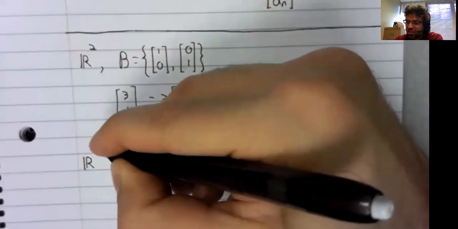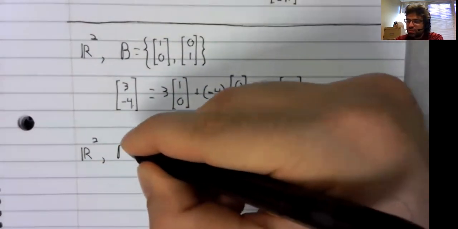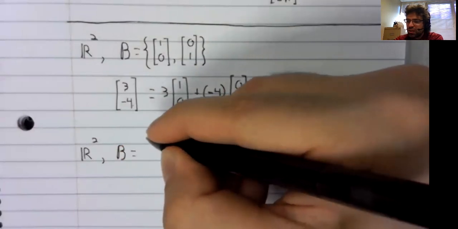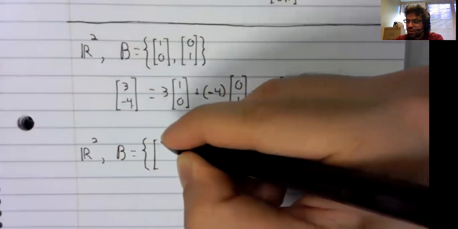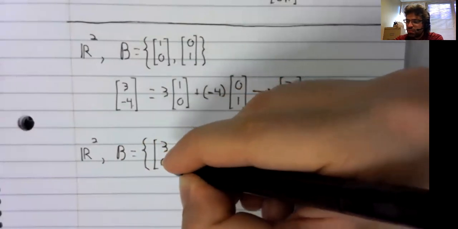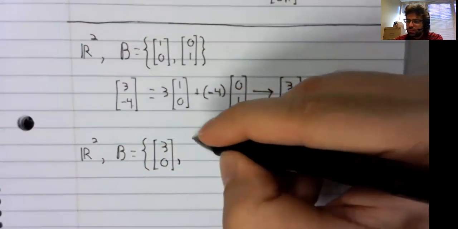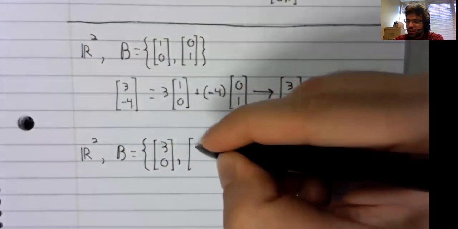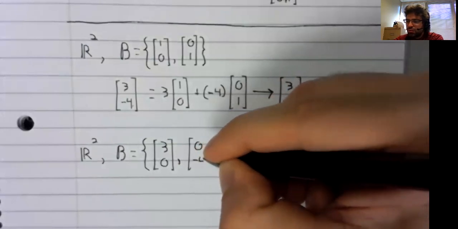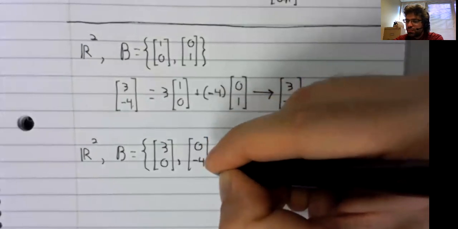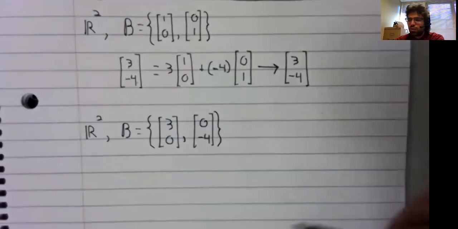But let's look at the same space with a different basis, the basis 3, 0, and the basis 0, -4.